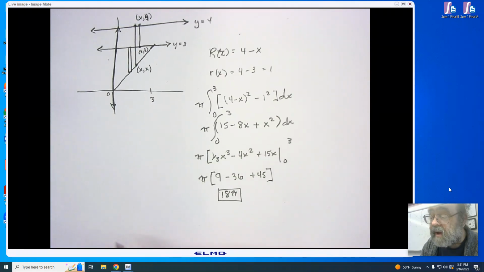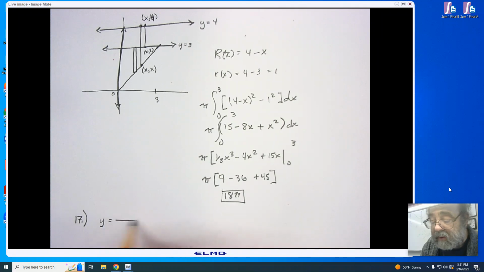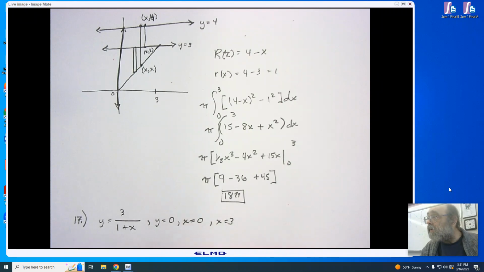Let's go ahead and move to number 17 next. 17 gives me y equals 3 over 1 plus x. I have y equals 0, I have x equals 0, and I have x equals 3. So I'm going to make sure that I go through and graph this one.